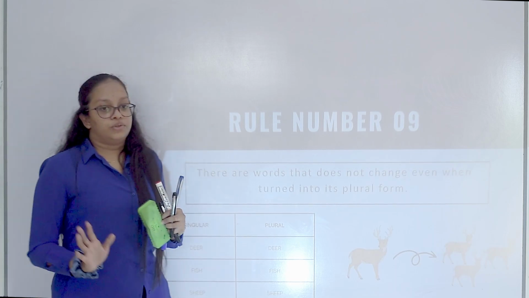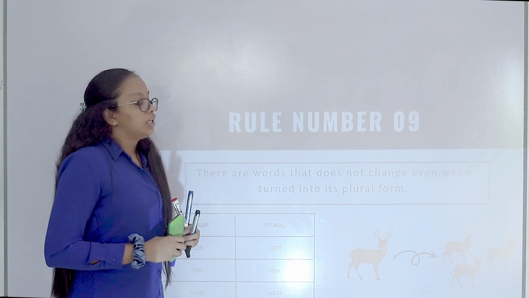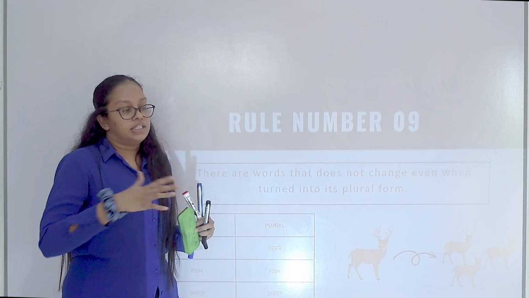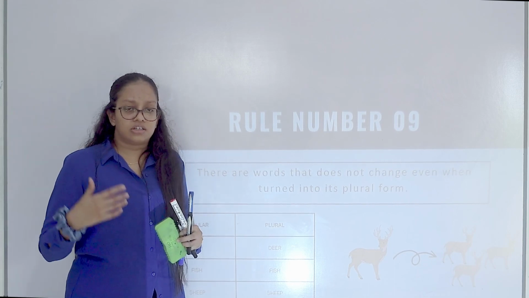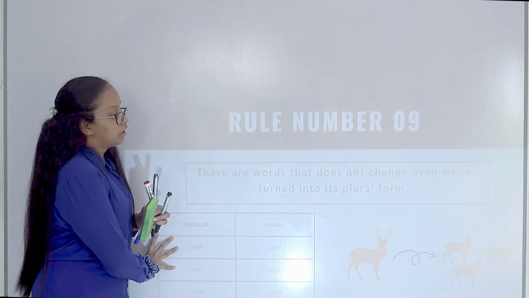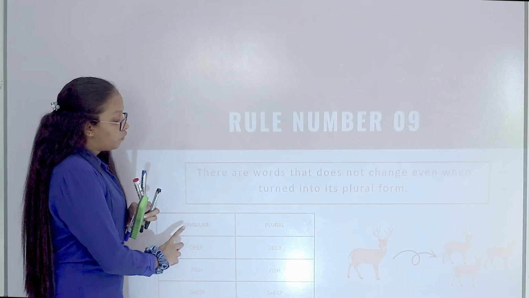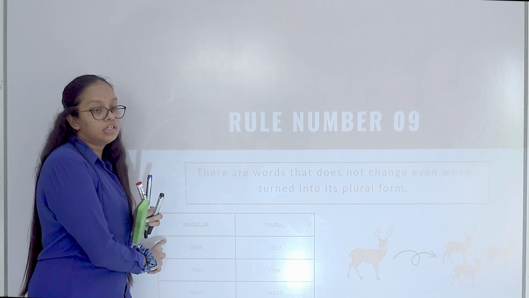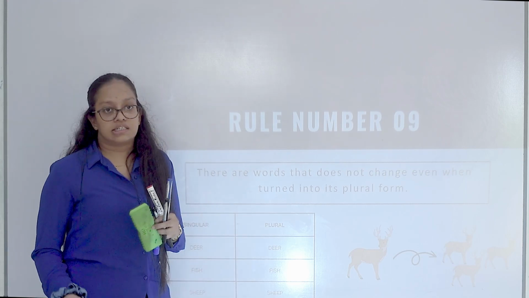Okay, last rule when we are going to learn about singular and plural. Now we discussed more about changing words, changing letters, adding, cutting off. But here, in this singular plural, what happens is the word does not get changed. So deer, we don't say deers or any other word.